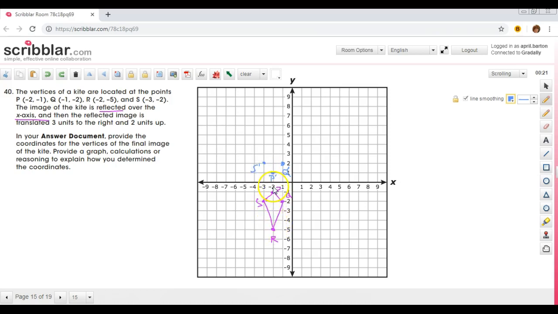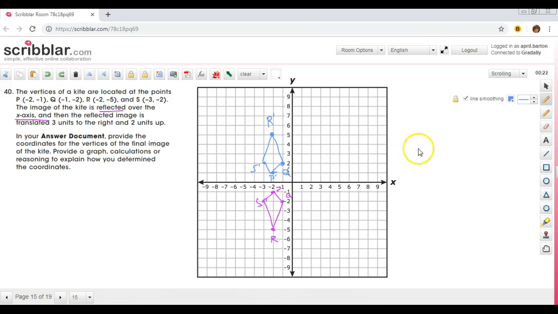And R takes 5 spaces to the x-axis, so we have to count 1, 2, 3, 4, 5, up. So there's what's called our image. This is called the pre-image, what we started with, and our image is now we made a movement. This is our new shape.